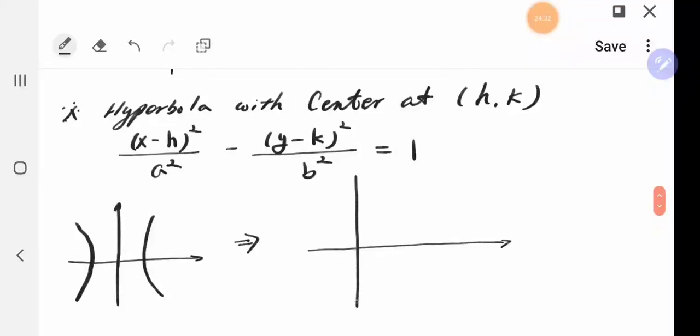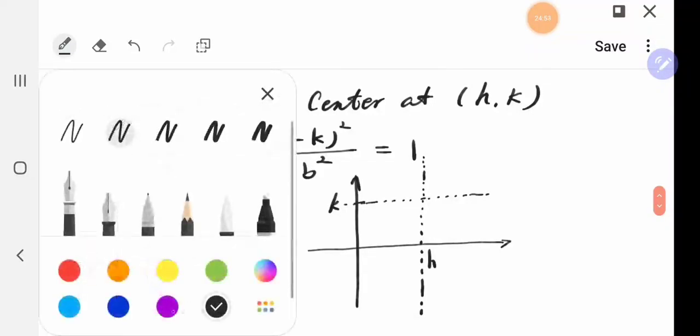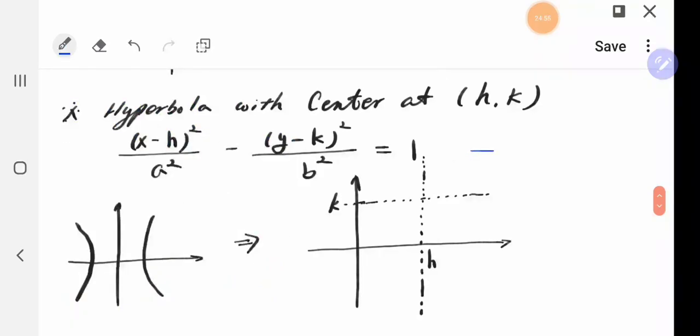Horizontally and vertically. So let's say here is h, shifted horizontally h units, and k units. Let me draw a dotted line. From here the graph should look something like this, based on the asymptote.